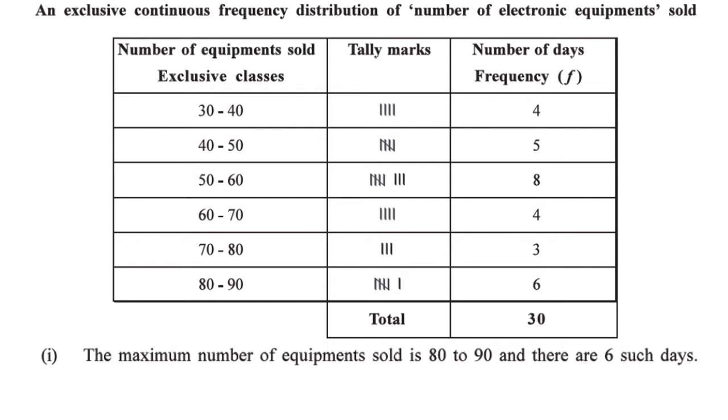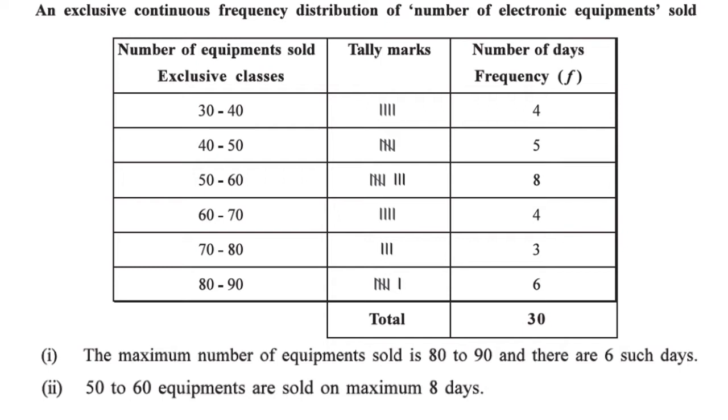The second question was the number of equipment sold for the maximum number of days. The maximum number of days is 8, and the equipment sold for that is 50 to 60. So 50 to 60 equipments are sold on a maximum of 8 days, and the maximum equipments, 80 to 90, are sold for 6 days. This is how you answer this particular question.